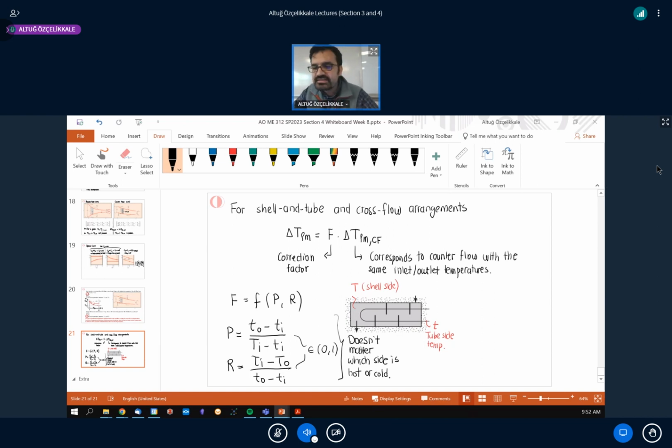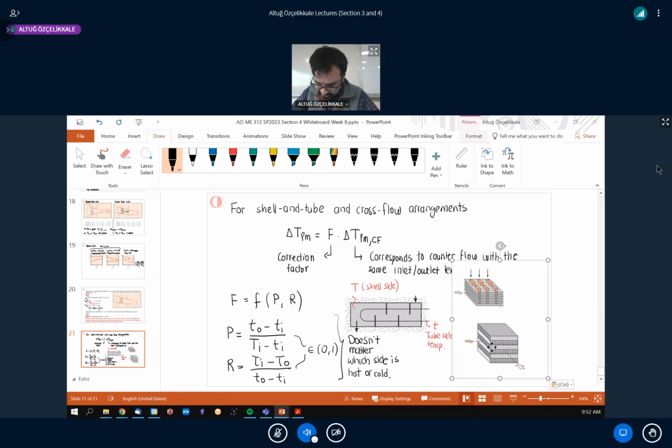We can extend this designation to other flow arrangements, for instance, cross-flow arrangements. Notice that when we were discussing the shell and tube heat exchanger, the tube side is unmixed and the shell side is mixed flow. Shell flow can mix across different cross sections of the heat exchanger, but tube side fluid is distributed across individual tubes, with no mixing. So we can extend this understanding and always label the unmixed side with the small t.